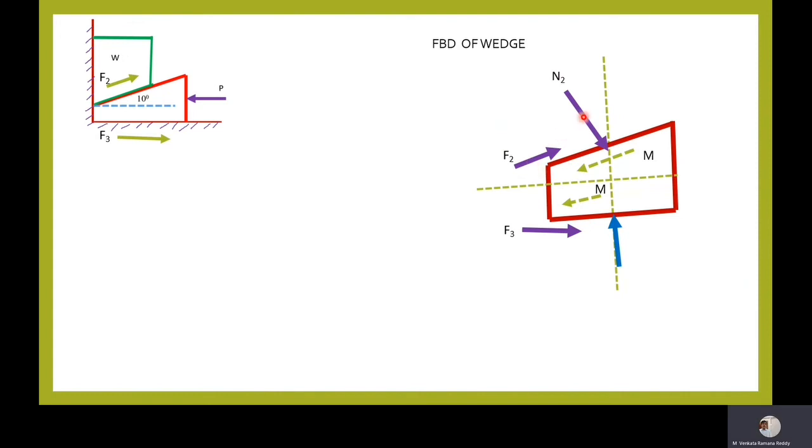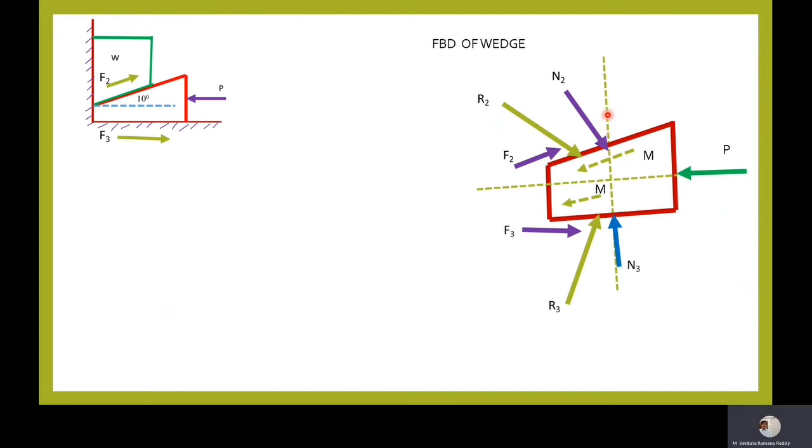And F2 and N2 to be replaced with resultant force R2. F3 and N3 to be replaced with resultant force R3. And this is the applied force P. Angle between R2 and N2 is the angle of friction, and angle between R3 and N3 is the angle of friction.